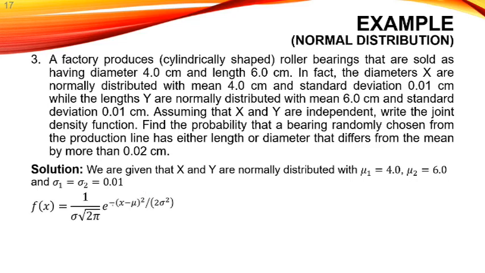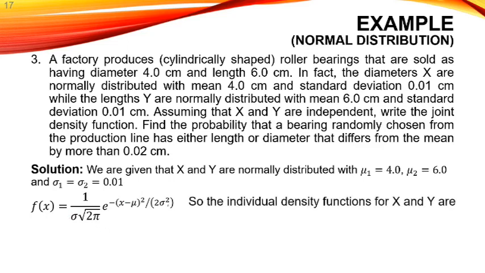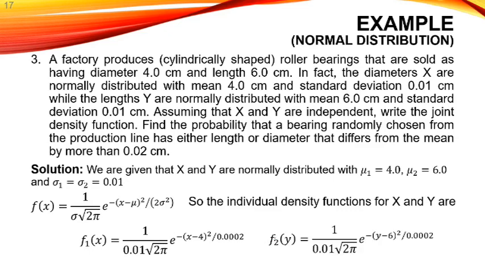So the density function is given by the normal distribution formula. The individual density functions for x and y are f sub 1 of x, substitute lang natin yung kanyang standard deviation and the mean. For f sub 2 of y, which is for the length, we have this one.